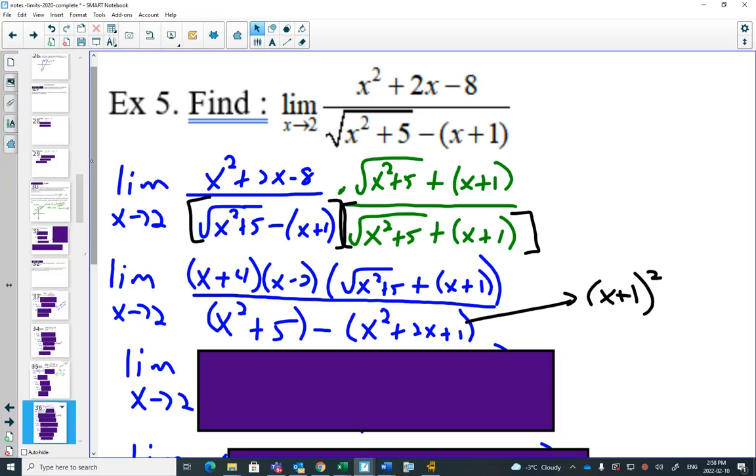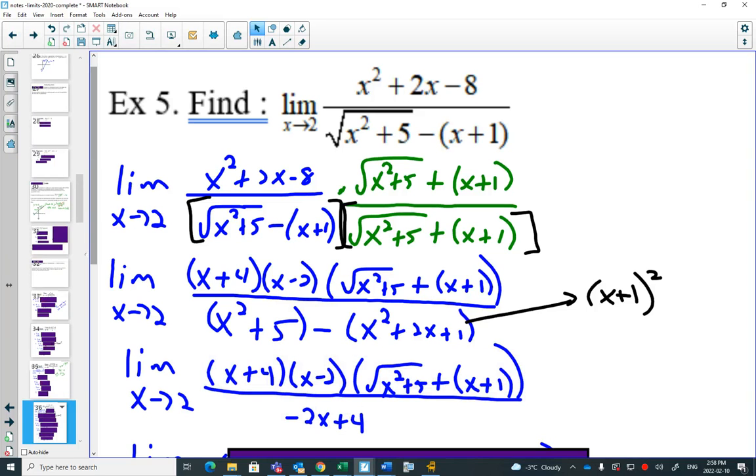Now, something nice is going to happen on the bottom. Can you see that this x squared minus this x squared is going to go away? And if we simplify the bottom, we're going to be left with a minus 2x and 5 minus 1 plus 4. At this moment, when you look at the limit, can you still see that you have a 0 on the bottom if you plug in 2?